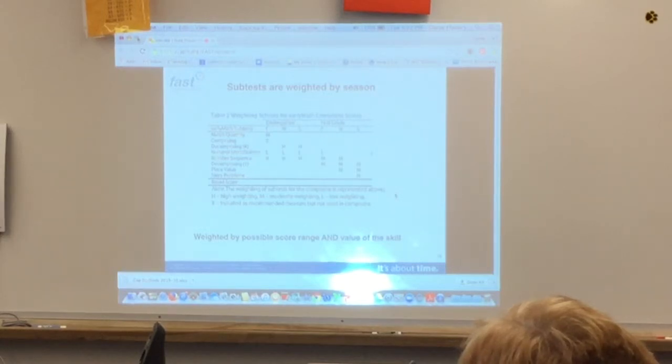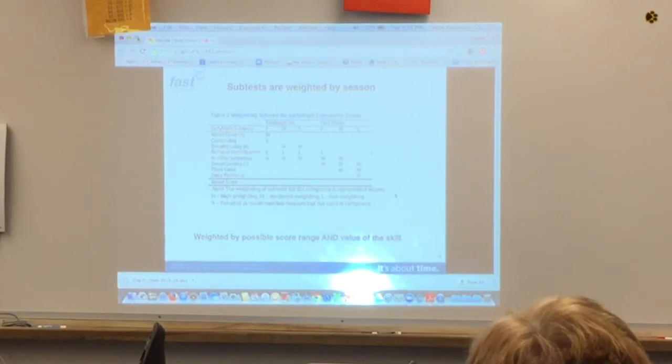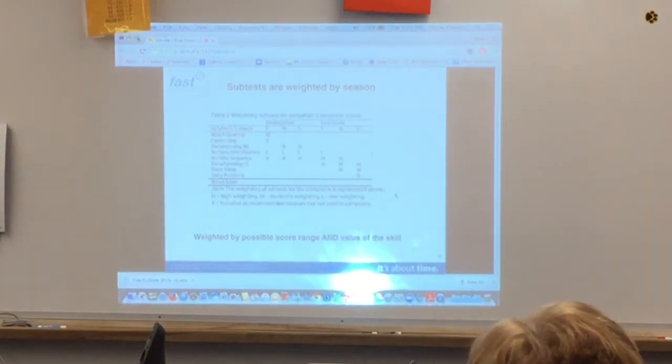Early reading has 4 tests that give you a composite, and the composite is generally considered the most reliable score, but you're always interested in how kids have done on the 4 separate tasks, what's high and what's low. I don't think there are any other composite-based assessments other than early math and early reading.